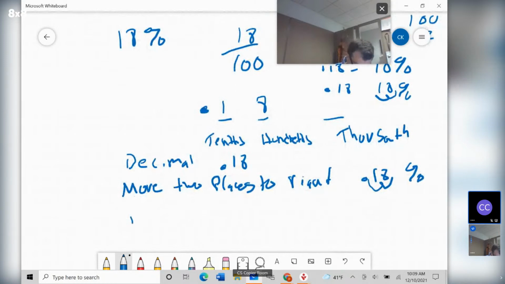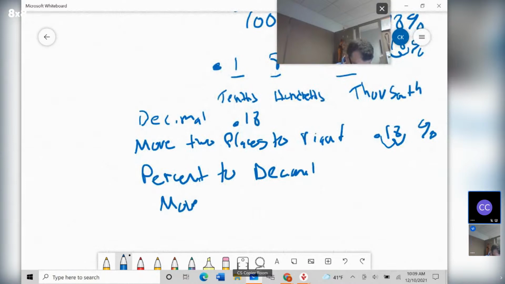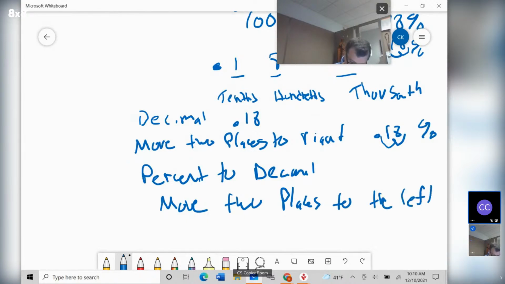And percent to decimal is the opposite. You move 2 places to the left.